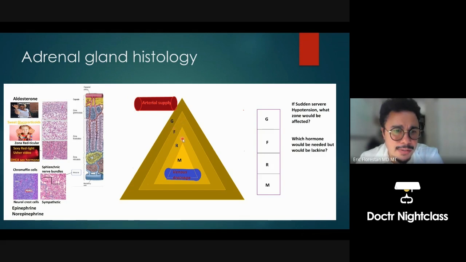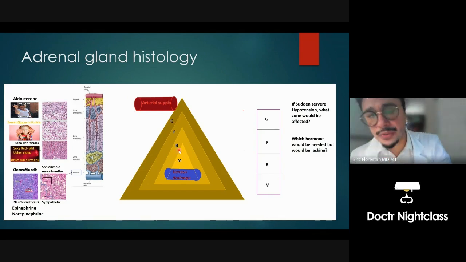More distal, we're talking about arterial blood supply, right? All the nutrients with oxygen. More distal, it's the reticularis. And most far away is the medulla. The most far away from the blood supply is the medulla. So you could almost look at this as zones, right?